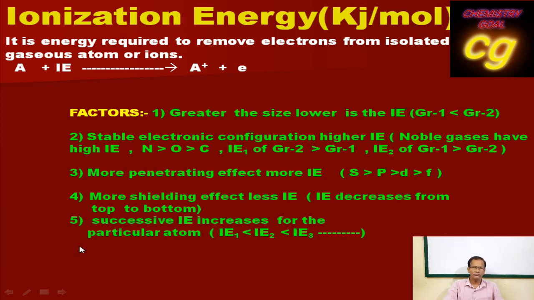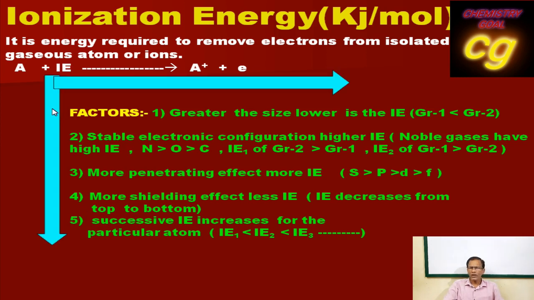And what are its trends? How does it change along the groups and periods? Let us discuss. In the group, as size increases along the group, the attraction between the electron and nucleus will be less. That's why less energy is required to remove the electron.